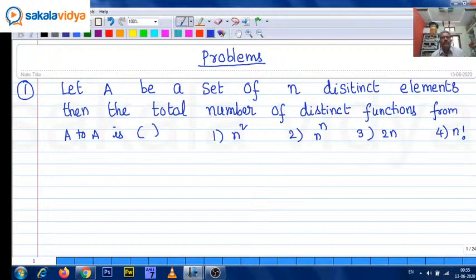Now, let A be a set of n distinct elements, then the total number of distinct functions from A to A defined, that we need to find out.